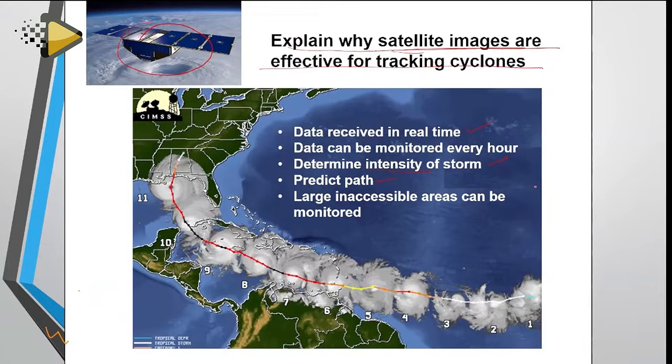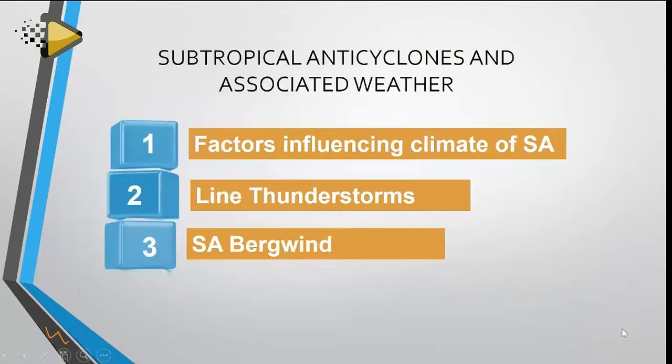And satellite images also cover a large area, so it helps to warn people that could be in danger, and it also warns the authorities what steps to take next.